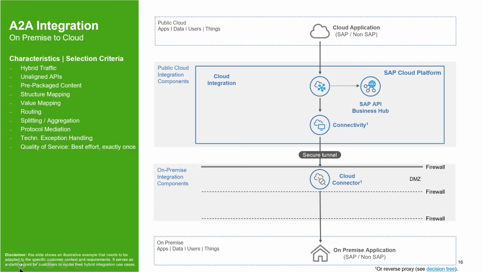On the left, the characteristics and decision criteria are outlined, such as the need for mappings, protocol mediation. On the right side, you can see which SAP integration services, such as SAP Cloud Platform Integration, SAP Cloud Connector, are being used and how they are interconnected.